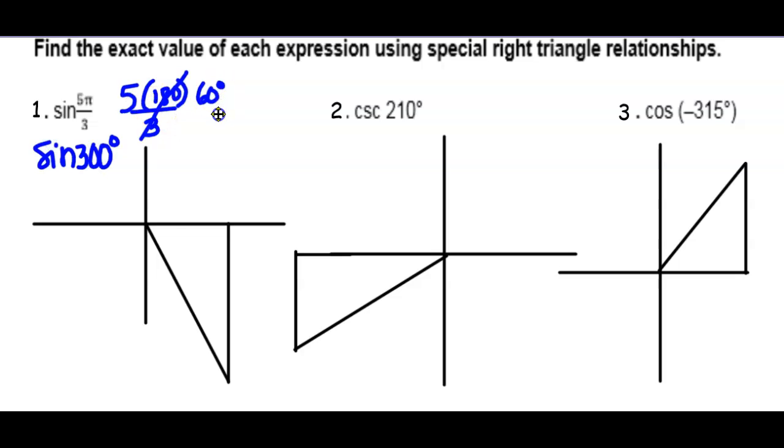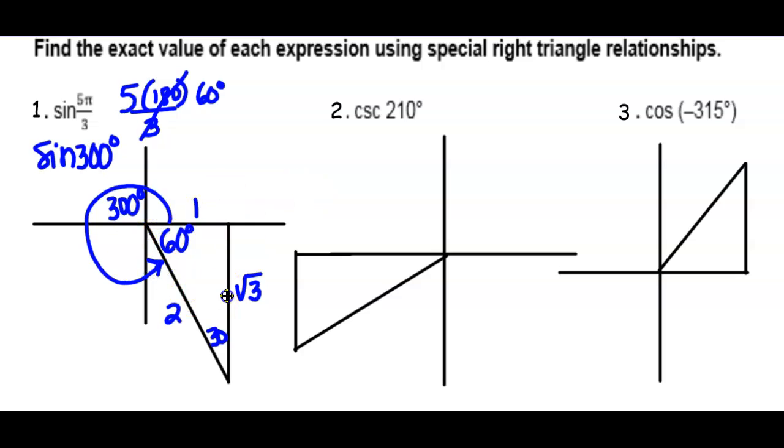So if I measure around 300, then the remaining reference angle, remember to the nearest x-axis, is 60 degrees, always positive. But down in this quadrant, the y value will be negative. So it's a 60. So opposite there is square root of 3. Short leg opposite of 30 is 1. Hypotenuse is 2.